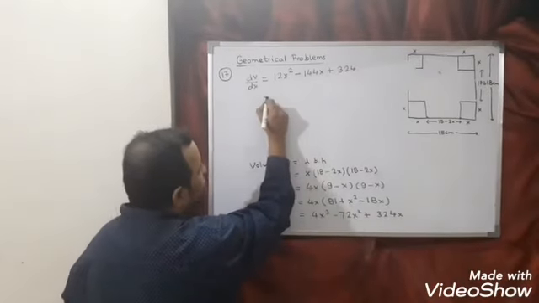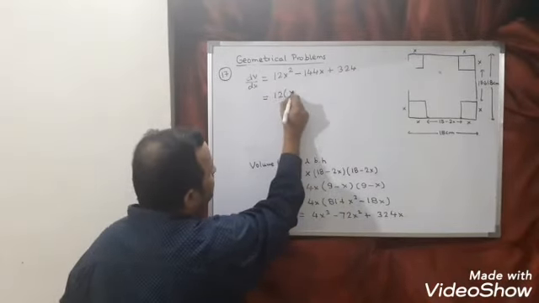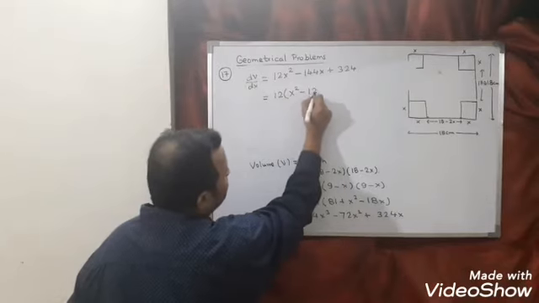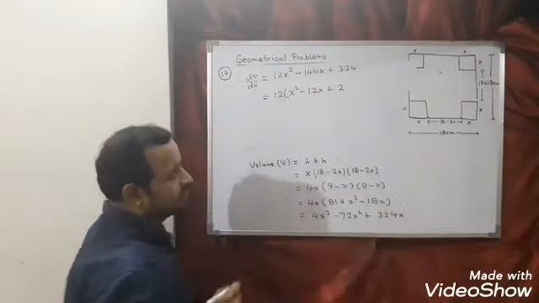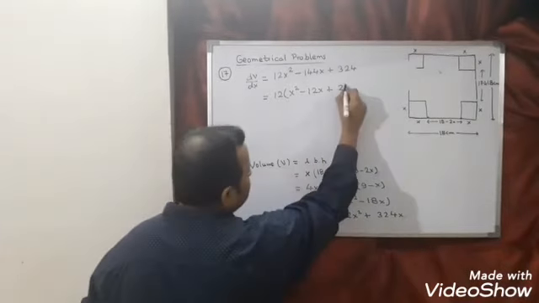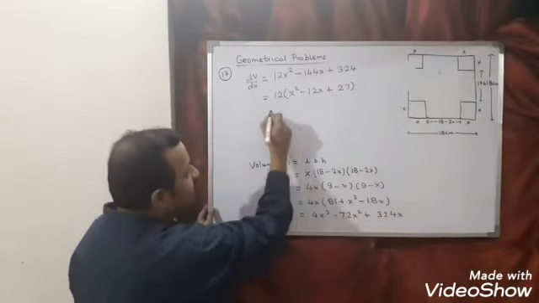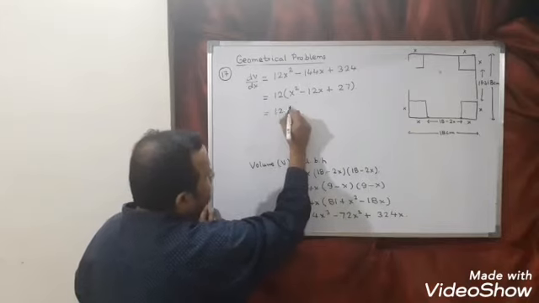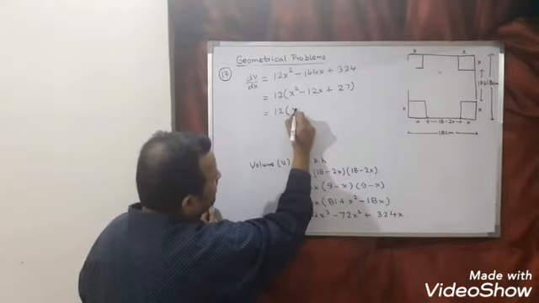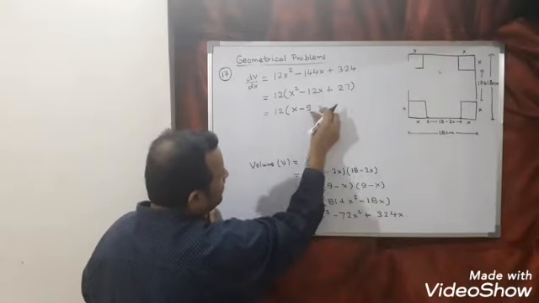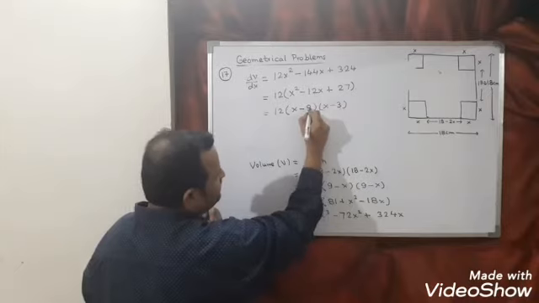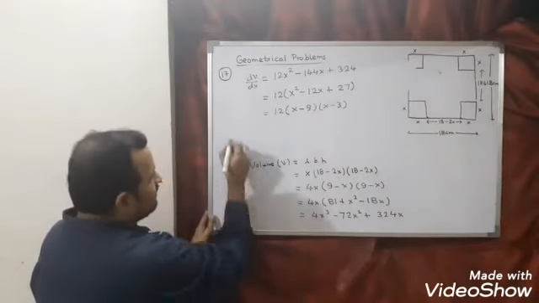I think something we can take common. 12 I am taking common. x square minus 12x plus 27. So this we can write as 12, x minus 9 and x minus 3.